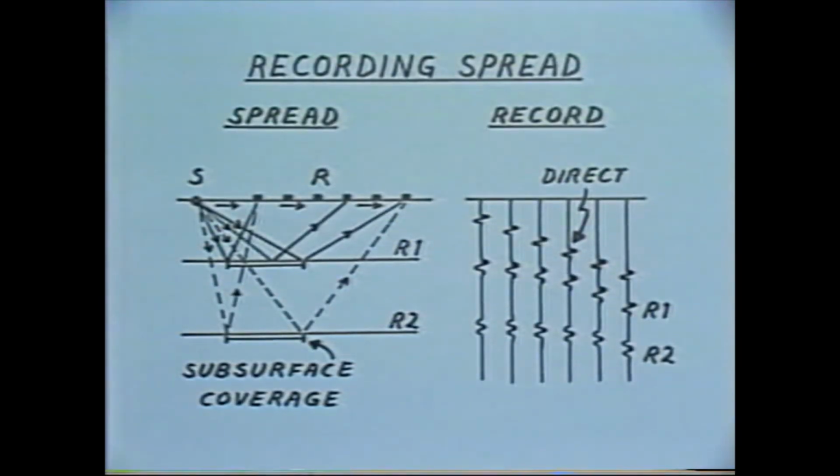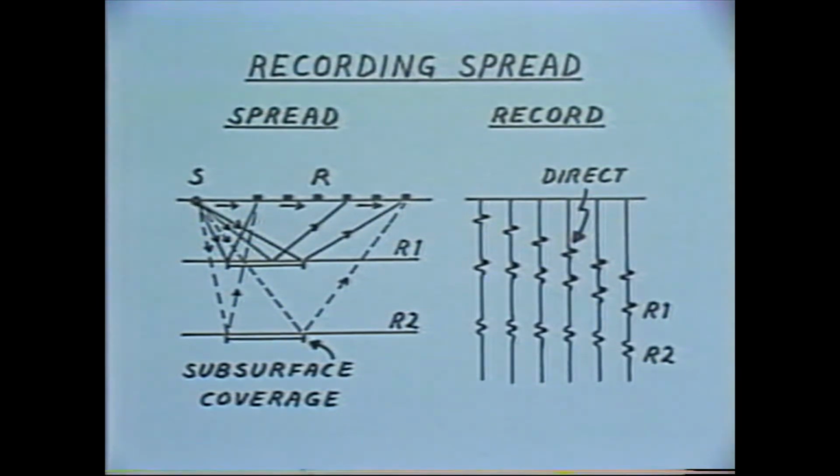The usual system for laying out the source and receivers in what is called a recording spread is to have a series of receivers or interconnected groups of receivers laid out at regular intervals along the surface, and to have the seismic source off one end of that line of receivers.